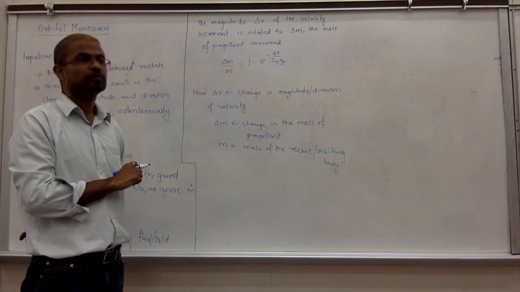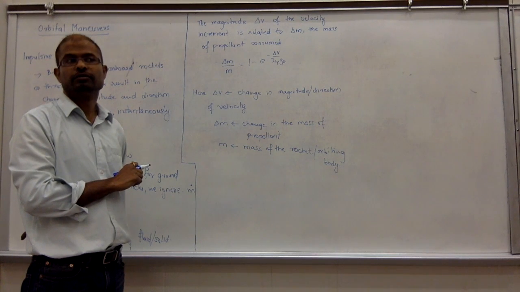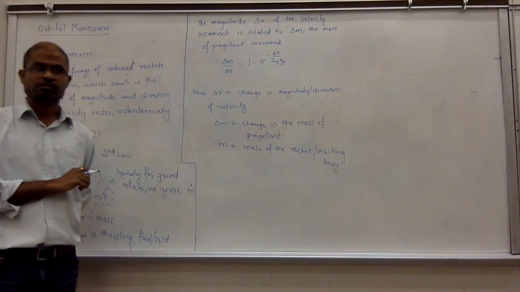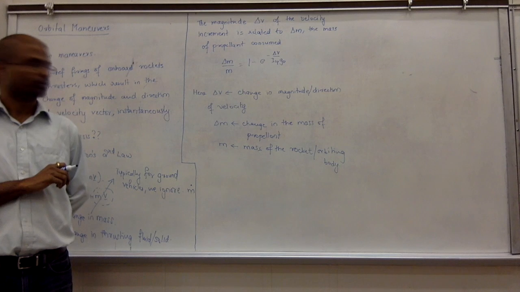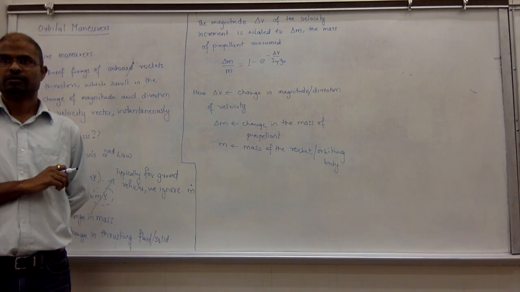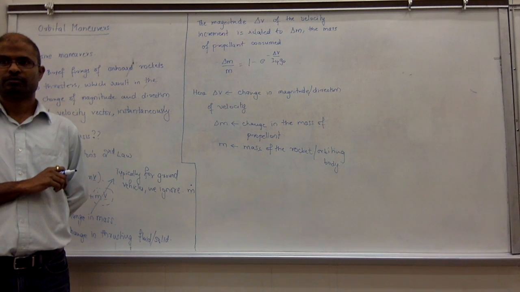Rocket has its own propulsion. Can a rocket be an orbiting body? Okay. So what is so special about a satellite? It has its own rocket propellant and it orbits. A rocket is not in any particular orbit because it's moving on its own.